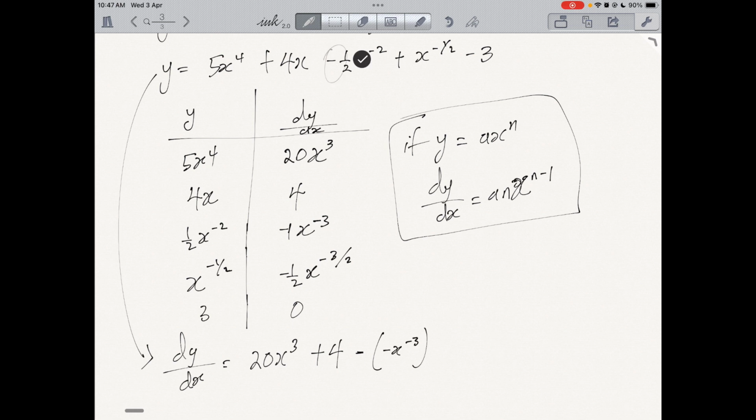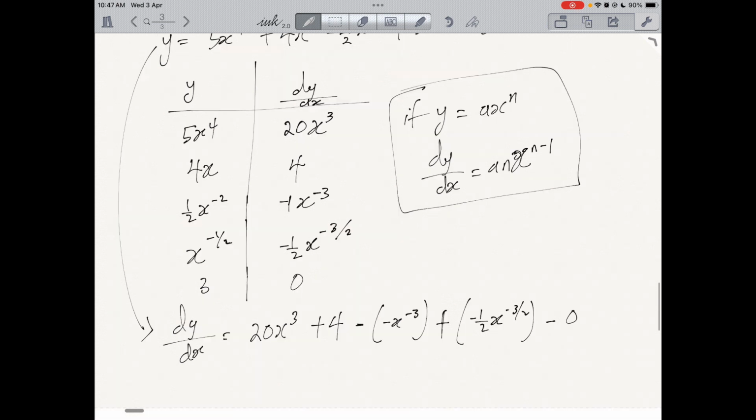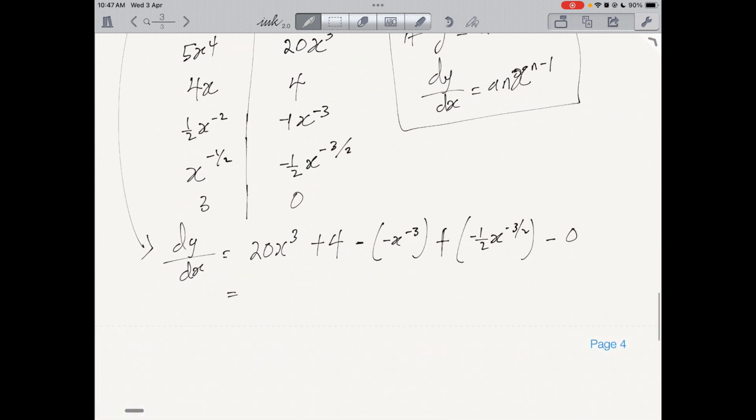Remember the minus came from here. Plus 1 over 2 x to the power minus 1 over 2 minus 0. Now this will give us 20x to the power 3 plus 4 plus x to the power minus 3 plus 1 over 2 x to the power minus 1 over 2 minus 0.